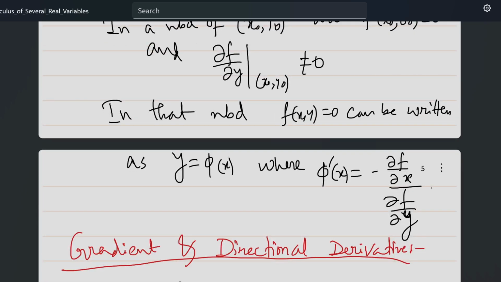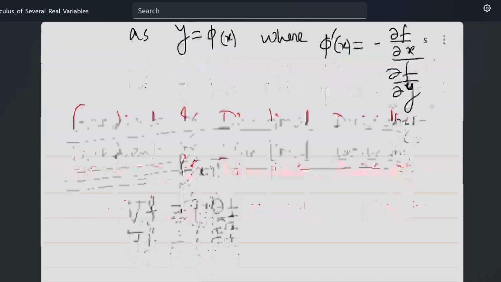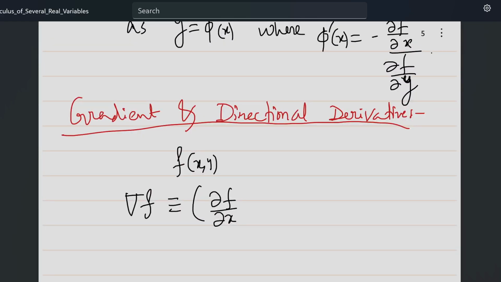Suppose f is a function of two variables. What is the gradient of f? Gradient of f is del f del x and del f del y. This is a vector. So what is its direction? Vector means it has magnitude and direction.